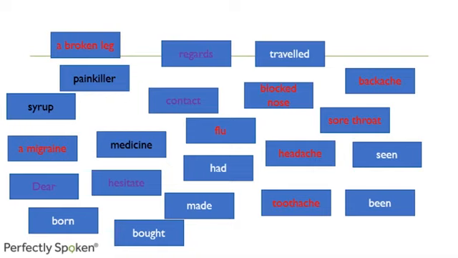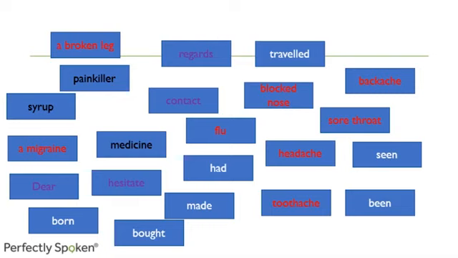We've got travelled, a regular verb, the past participle. Seen, past participle of see. Had, past participle of have. Made, past participle of make. Born, past participle, interesting, of the verb bear, as in to give birth to a child. Bought, past participle of buy.